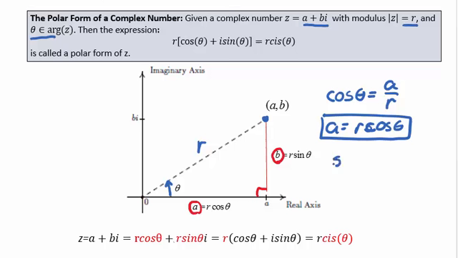And the sine of theta would be the opposite side b over the hypotenuse, which gives b is r sine theta.